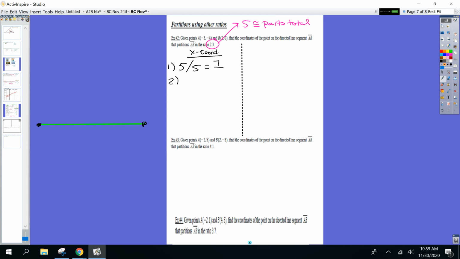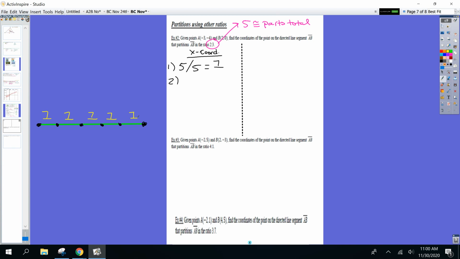Let's see if I can do this decently. Break it up into 5 equal parts. 1, 2, 3, 4. Not bad, right? And we just said each one is 1 unit.